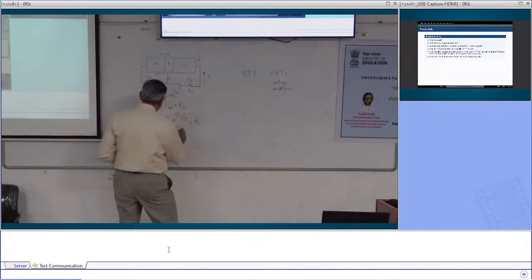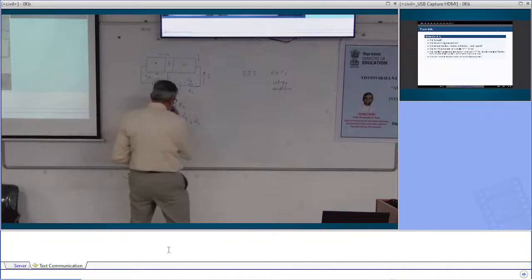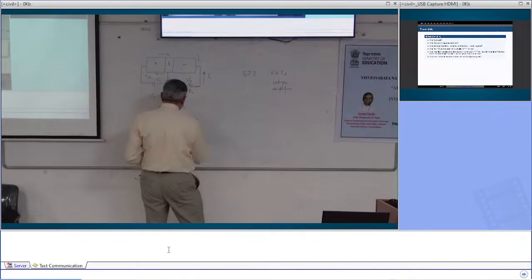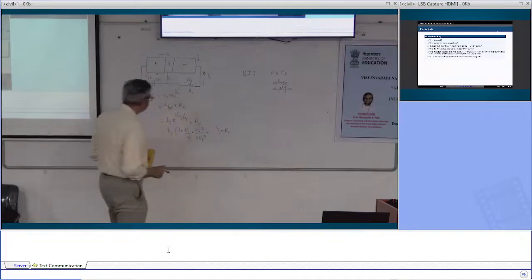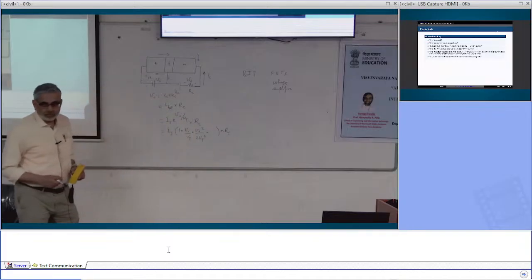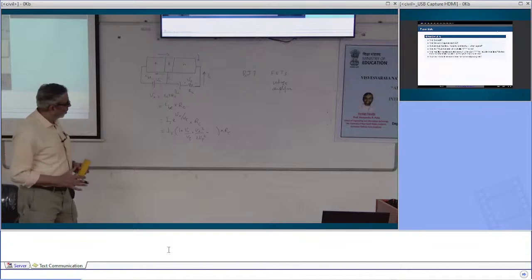IS 1 plus VI VT plus BI square. No harm done?